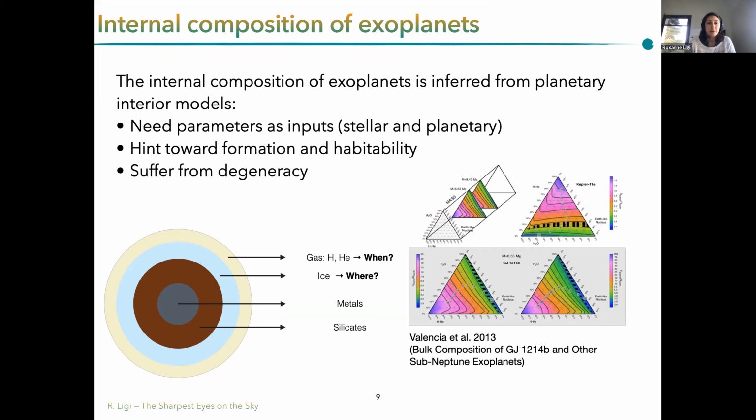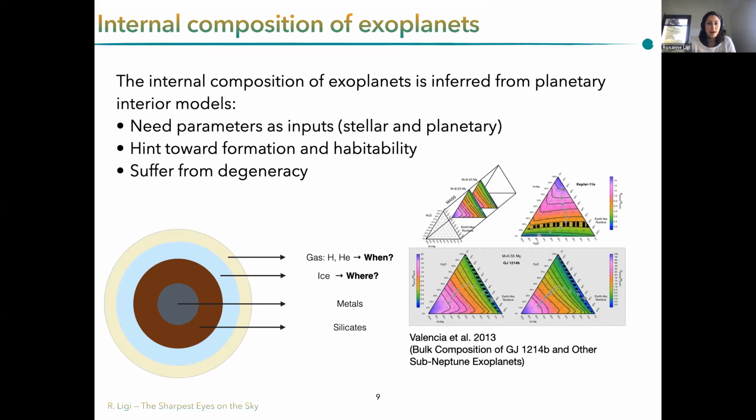So, for example, if there is gas, an atmosphere, we are able to know when it was formed because we know if it's a primary or secondary atmosphere. And another example is if there is ice, we know where it was from, beyond or inside the snow line, for example.